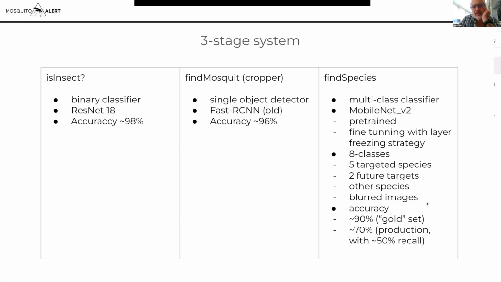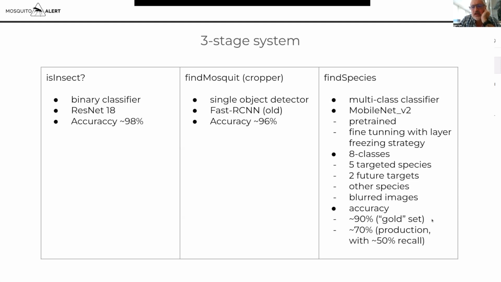And with this find species filter, well, we prepared a training data set that I will explain to you, which we call the gold data set, with which we achieve an accuracy of 99% in the identification of these classes.